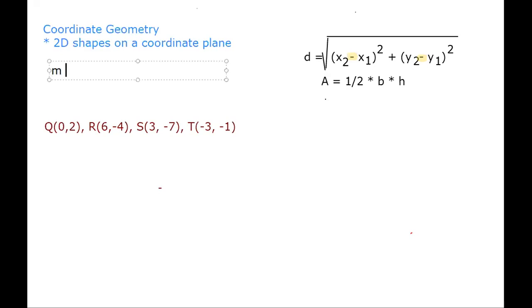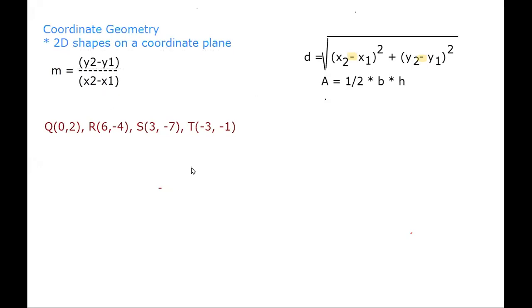So slope equals, there's my fraction line. So the top of this is y2 minus y1, and the bottom of this is x2 minus x1. It's the same kind of general process as the distance formula, but we have a little fraction.